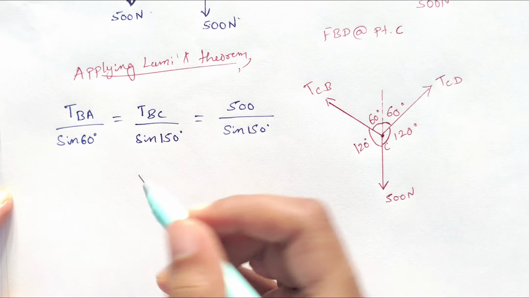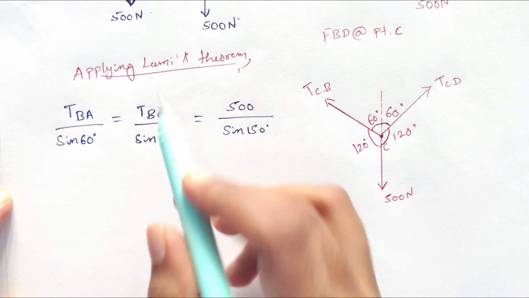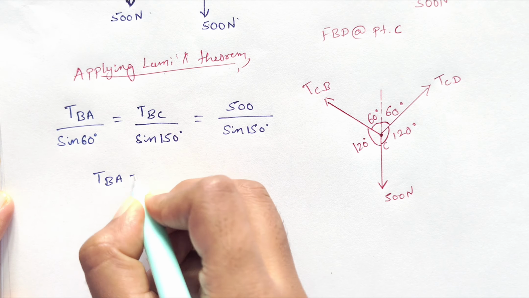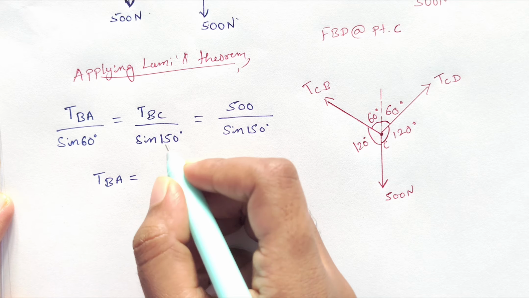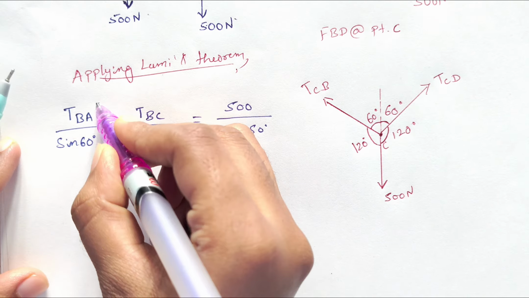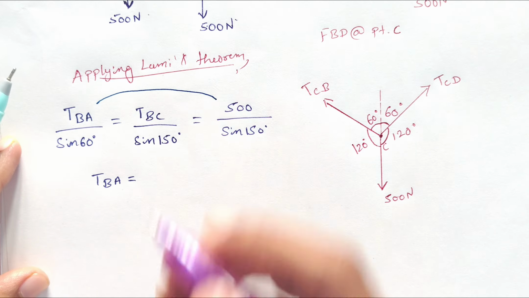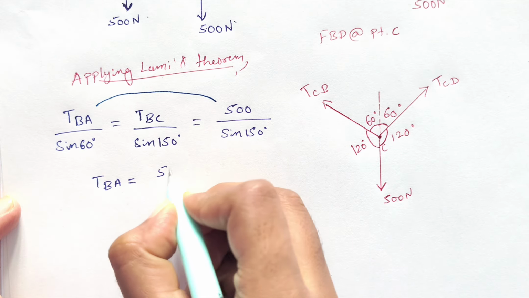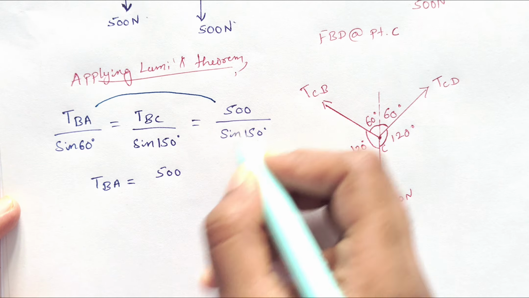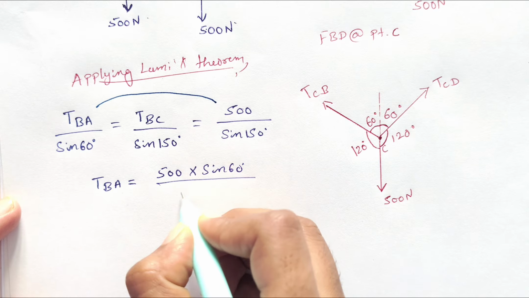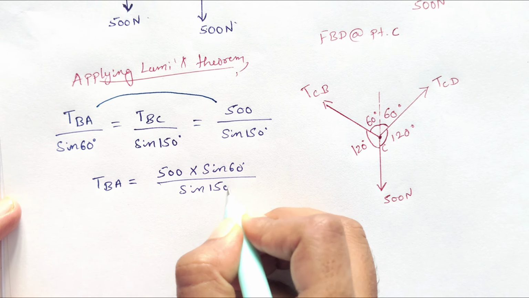Now our job is to find TBC and TBA. I will equate for TBA first. TBA is equal to 500 times sine 60 divided by sine 150.